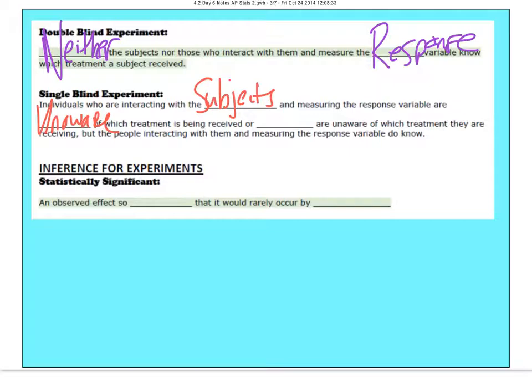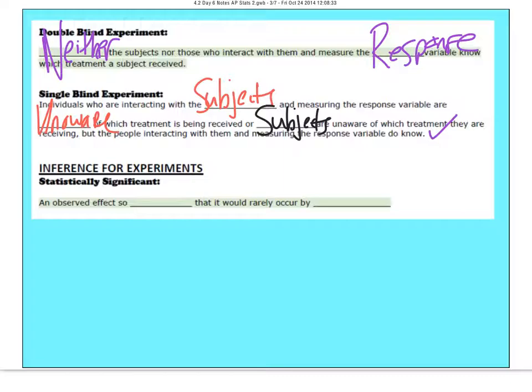Or it could be the other way around, where the subjects might be unaware of which treatment they are receiving, but the people interacting with them and measuring the response do know. This second one, the latter half, is going to be more common, where maybe the nurse administering the medicine knows which one it is, but the subject does not know. You're going to see that happen more often.